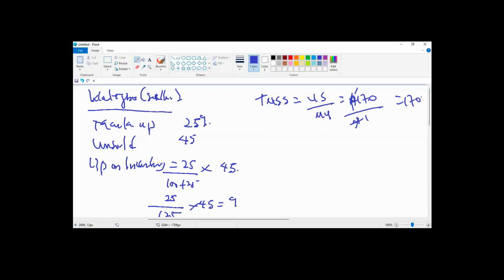Parents acquire 70%, so NCI is 30%. NCI value at the date of acquisition: 0.3 times 170 times 1.5.